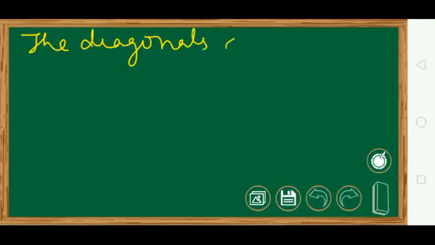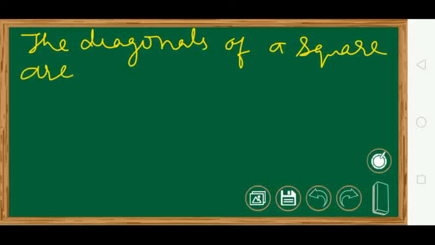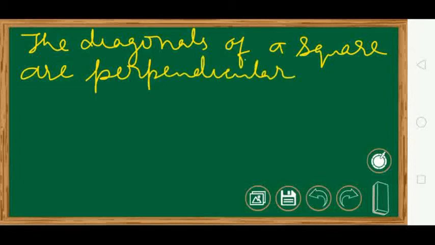Then you have the diagonals of a square. The diagonals of a square are perpendicular bisectors of each other.